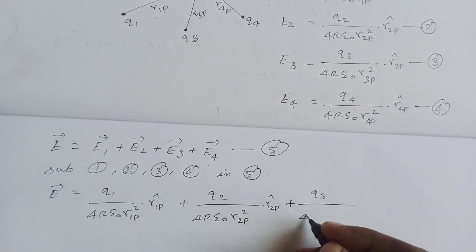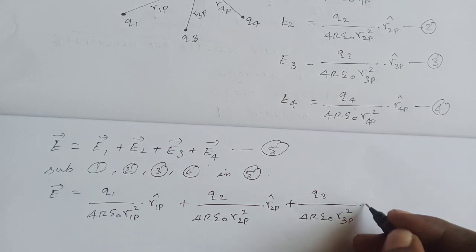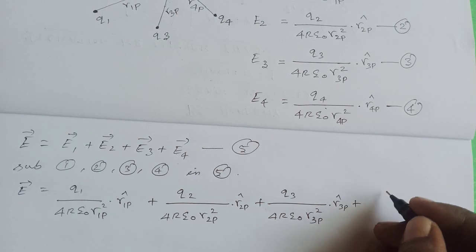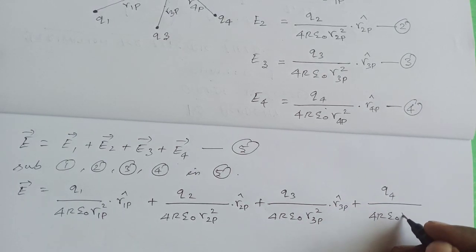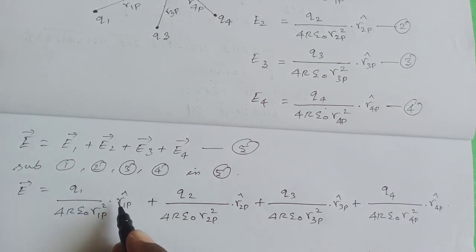Q3 by 4 pi epsilon naught R3P square into R3P cap, plus what is E4? Q4 by 4 pi epsilon naught R4P square into R4P cap. So we have substituted all the values E1, E2, E3 and E4.